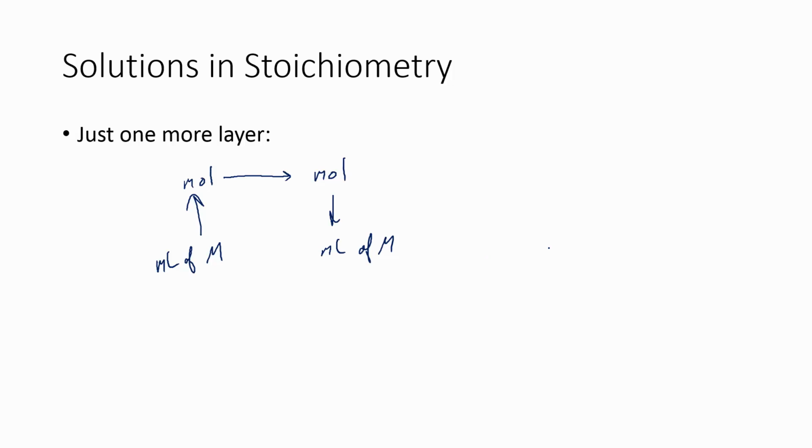Okay? So effectively, milliliters to moles using molarity, moles to moles using the balanced chemical equation, just like any stoichiometry calculation, then moles back to milliliters using the molarity again.